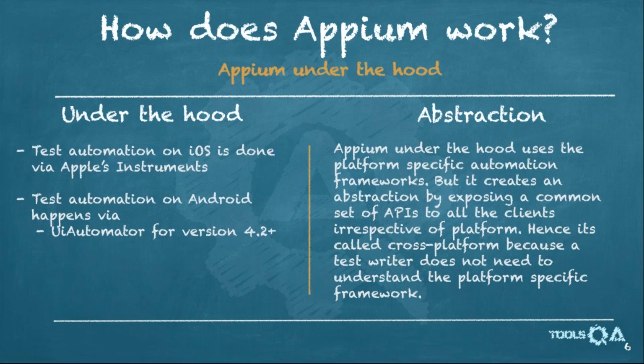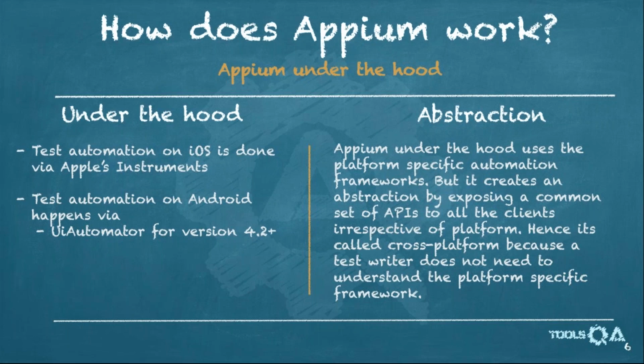So Apple Instruments is the one that you're going to use for your iOS interactions, but you don't have to actually understand what is going on in the background because Appium has its own abstractions, right? Now, with respect to Android, we have the same option, but using UI Automator, right? So here we have mentioned the abstraction.